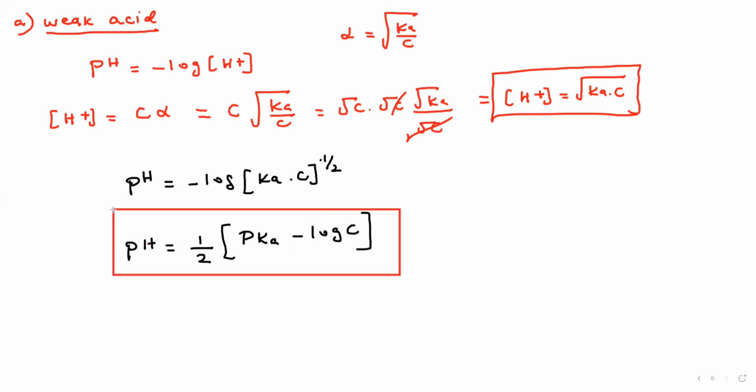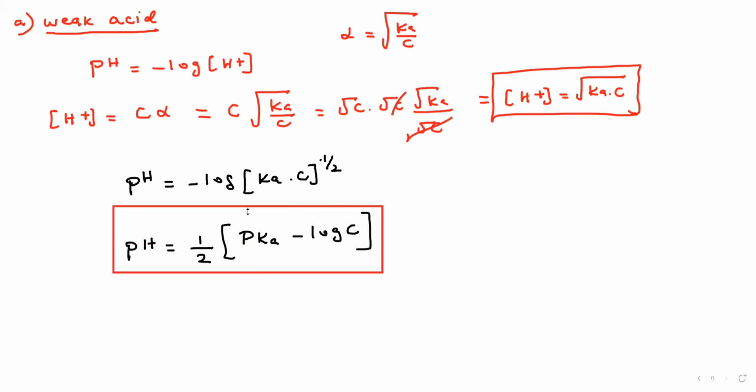For a weak acid, you're going to apply this only. In the same question, if I use 10 power minus 3 molar HCl, right? Same question with 10 power minus 3 molar acetic acid, you're going to apply this formula, not that formula. That formula is only for strong acid and strong base.